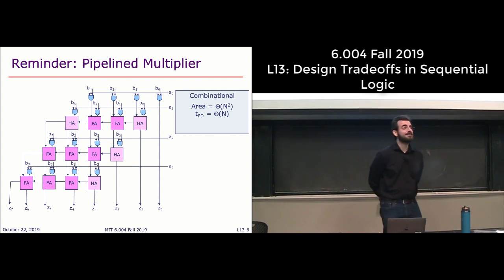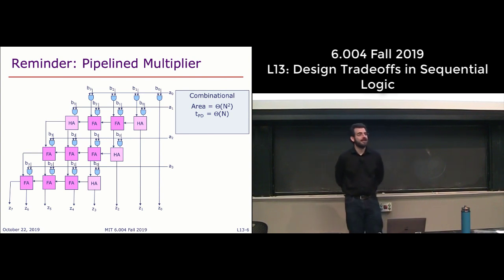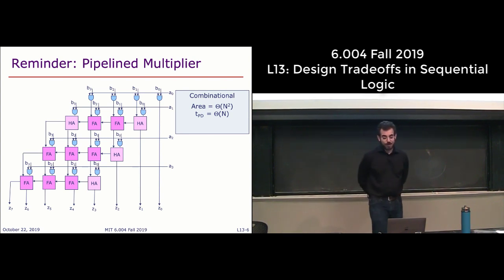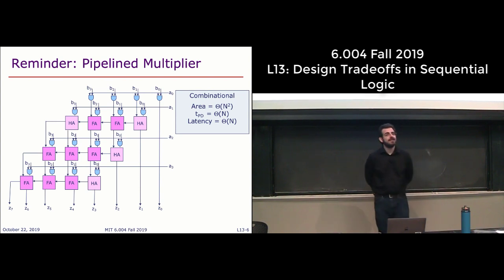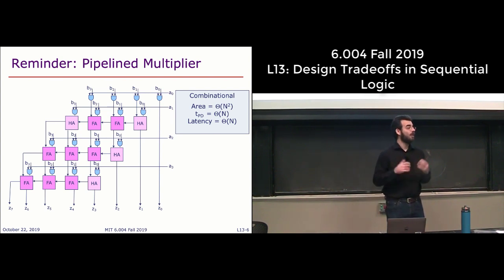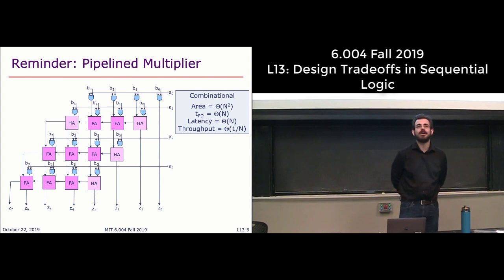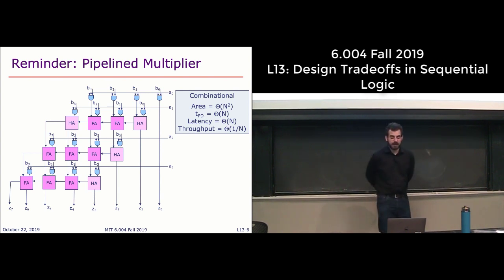The propagation delay, right? So the propagation delay itself determines the latency of a combinational circuit. How about the throughput? Well, if I clock this at maximum frequency, then how many results could I get per second? 1 over the latency, so 1 over n. So the problem here is as the number of inputs grows, we get less throughput.